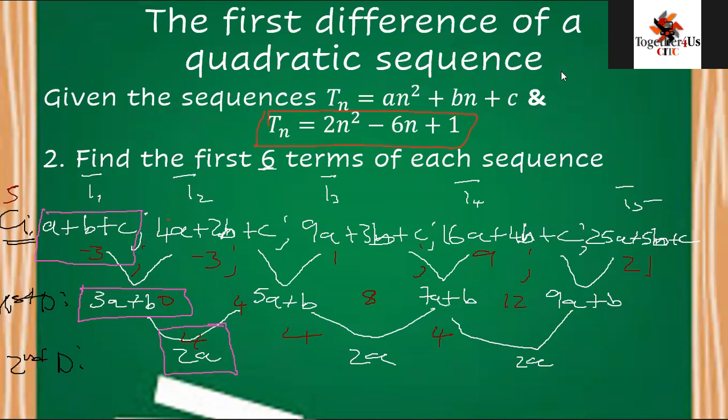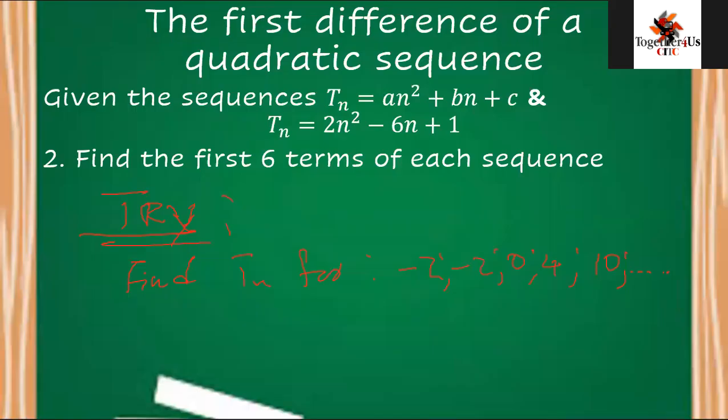Take this one here, that one there, and that one there. Equate the second difference to 2a, then solve for a. Equate the first difference to 3a plus b, then solve for b, because you substitute a there, and then finally substitute a and b to find c. Try that on the sequence that I am about to give you.